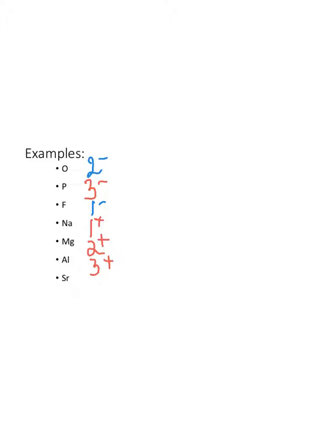Strontium's back in the same group or family as magnesium, so it will take on a 2+ charge as well. Notice something right here, guys. Notice this. Remember we said that our metals will become cations, and indeed they all did. And that our non-metals will become our anions, and truly they all did. So yay, we did it right.